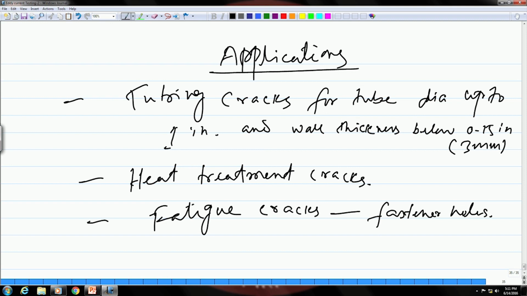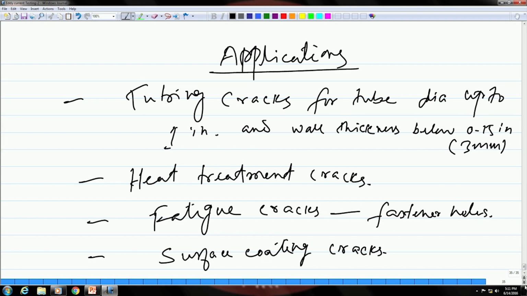So, those areas can be inspected by eddy current testing. And then if you have any crack on the surface coating, cracks can also be detected by this technique.